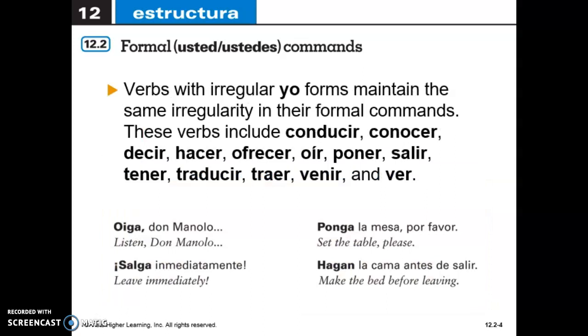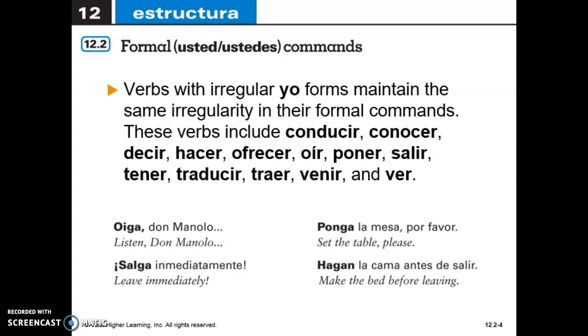I don't know if you remember that at some point I talked about the yo-go forms. Sometimes we call these verbs yo-go because we want to remember that these verbs add go in the yo form only, okay? And this is only a way to remember this.